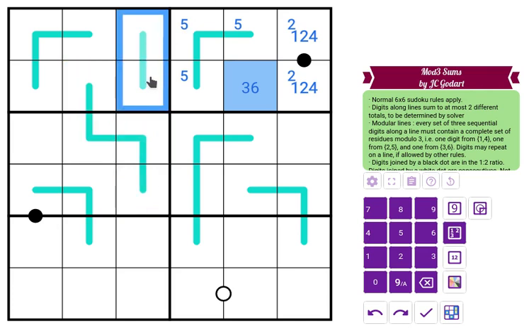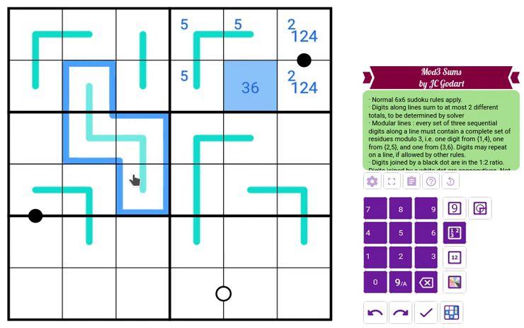Because if it were, let's say, 5, 6 here, so 11, this would not be 5 or 6, so a multiple of 3 plus something which is not a 3 or 6 would also not be a multiple of 3, and because we have only 2 sums available, these 2 would have to sum to the same total, which is a real problem.